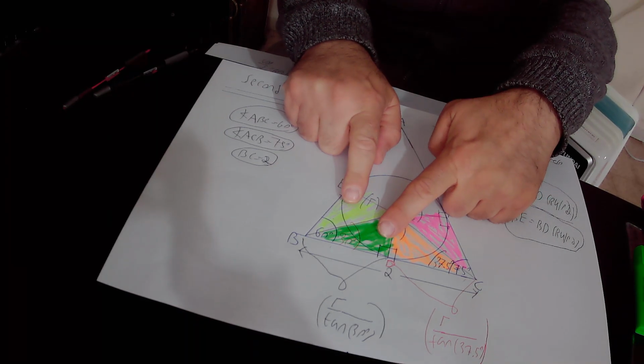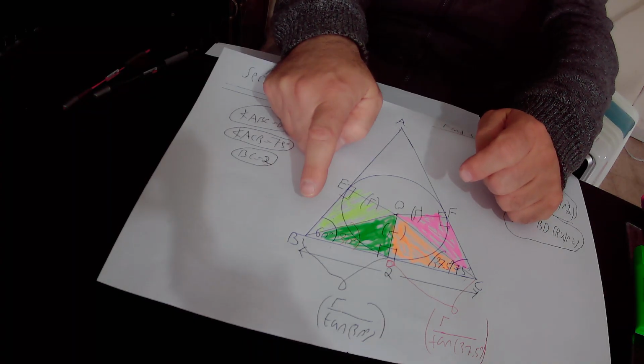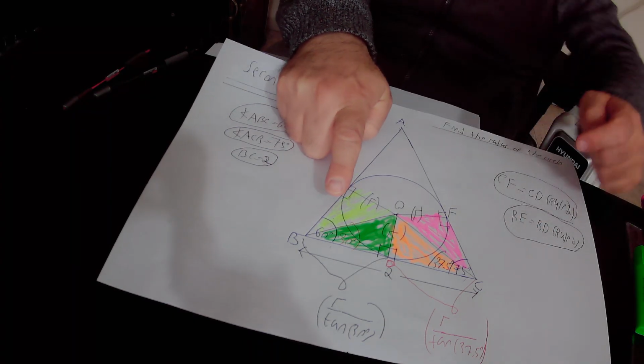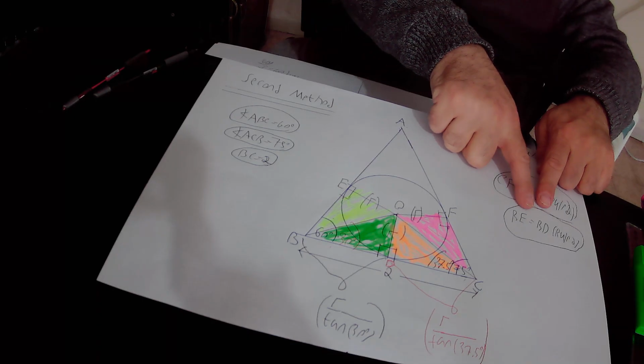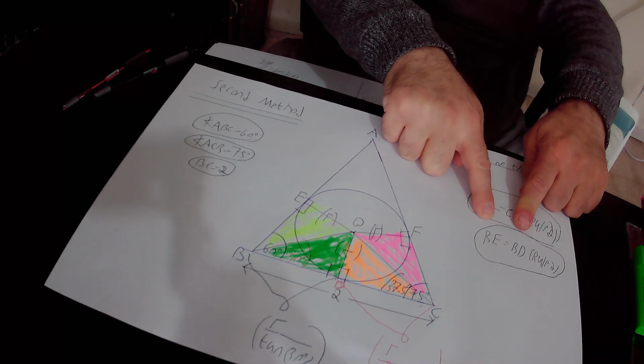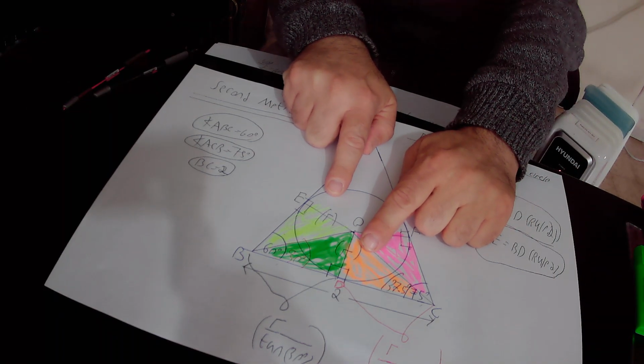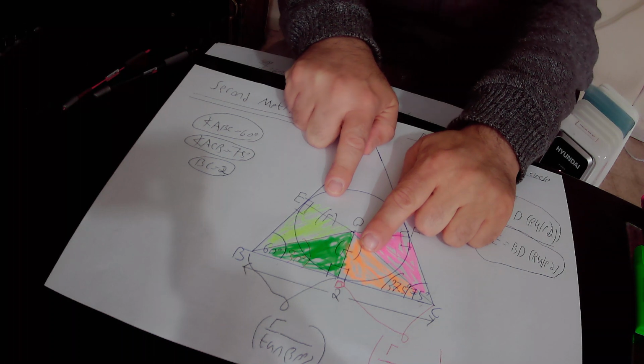So why are those two right triangles congruent to each other? First of all, EB equals BD according to rule number 2. In addition, OE equals OD, since those two sides are both the radii of this circle, therefore they are equal to each other.